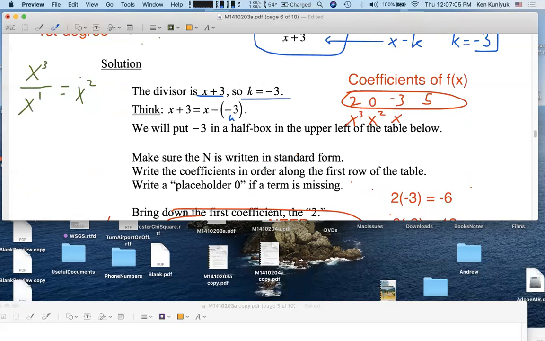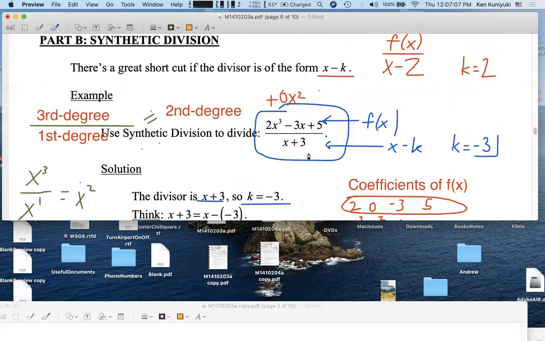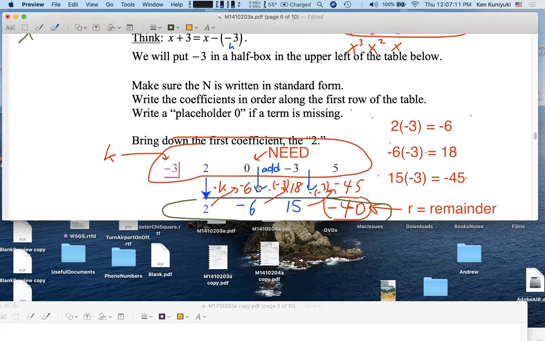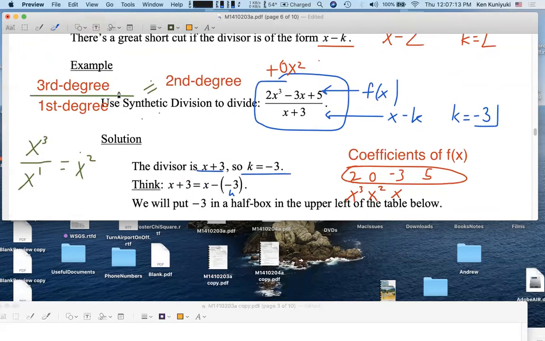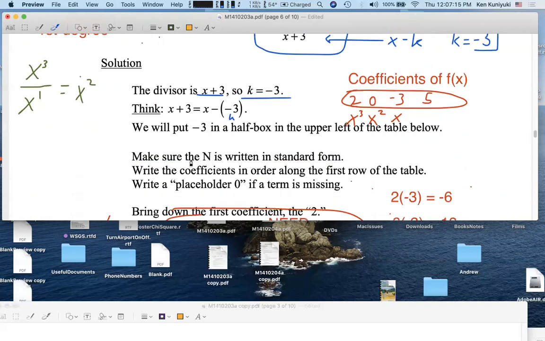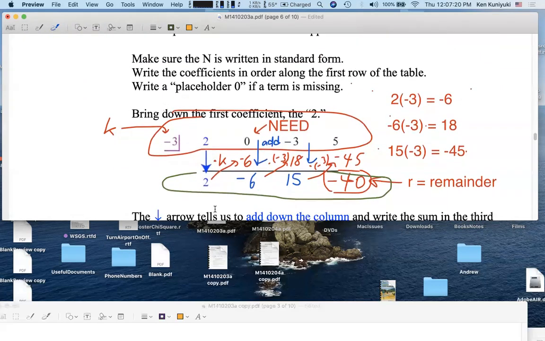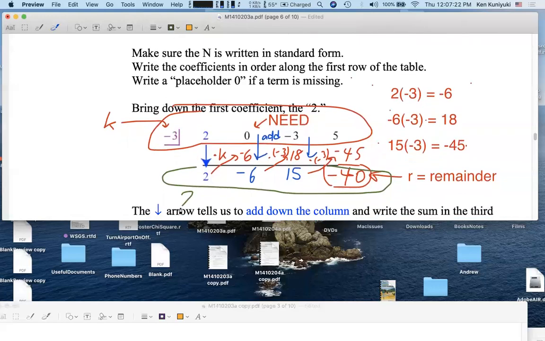So when you divide the top polynomial by the bottom, what's going to be the leading term of our result, our quotient? Well, third degree divided by first degree gives us second degree. The 2 here is going to be the coefficient for the x squared term. 2x squared. And then the negative 6 will be the coefficient on x, negative 6x.